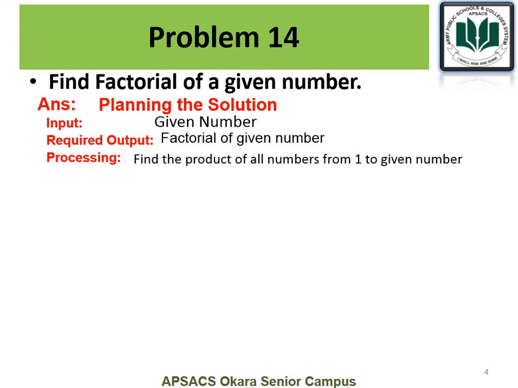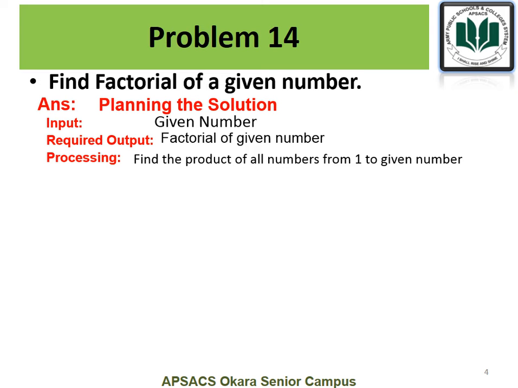For finding the factorial you will multiply 10 by 9 by 8 by 7 by 6 by 5 by 4 by 3 by 2 and by 1. You will multiply all these numbers with each other, and you will get your answer, which will be the factorial of 10.